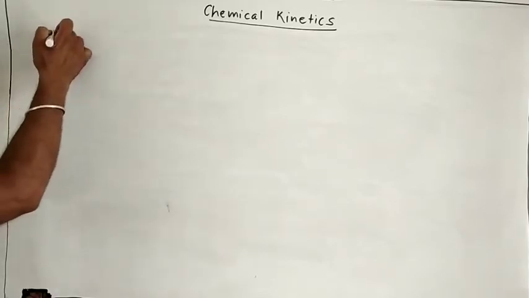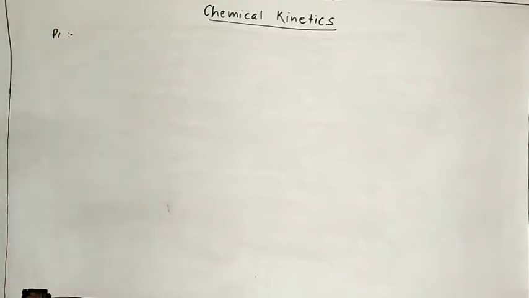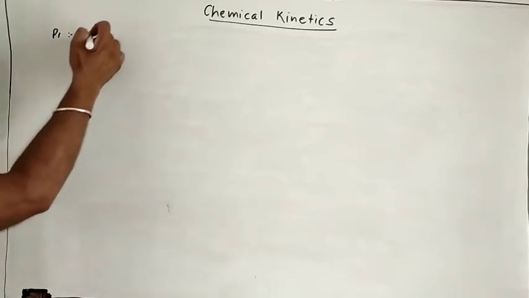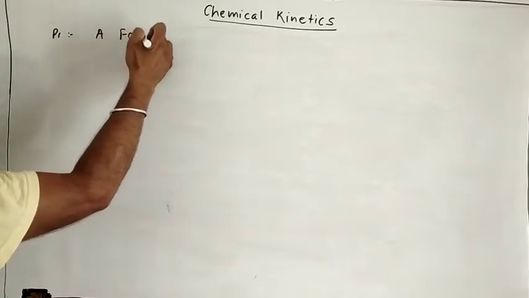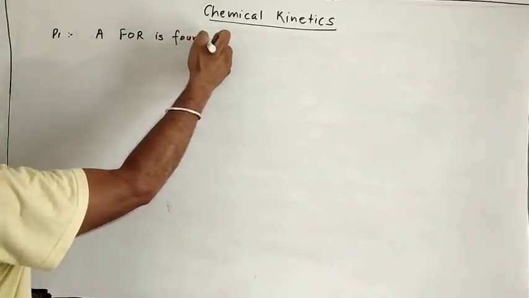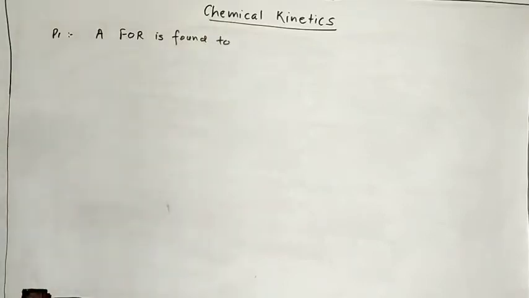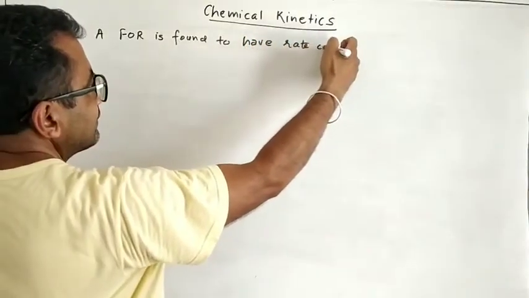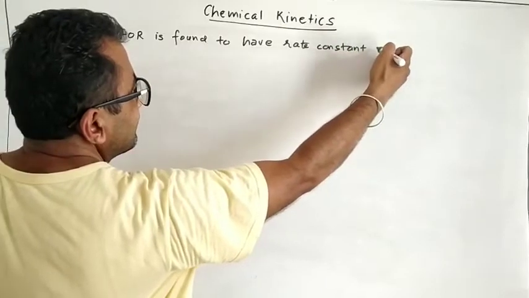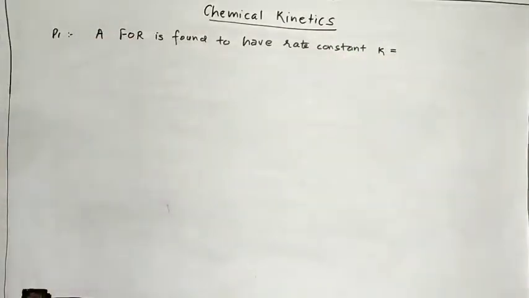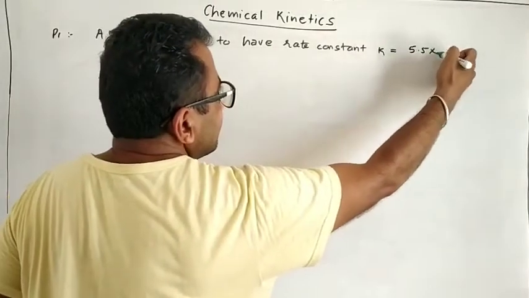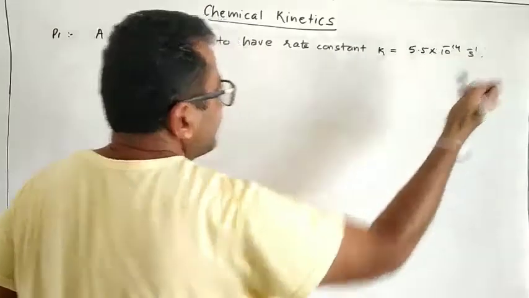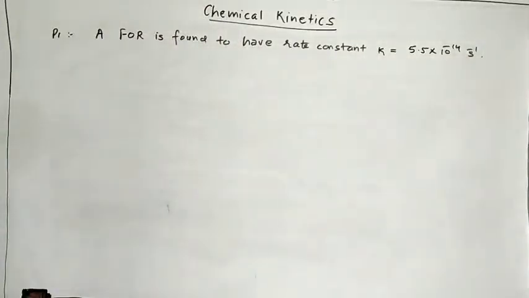So the first problem is: a first order reaction is found to have a rate constant K of 5.5 times 10 to the power minus 14 per second. Find the half-life.